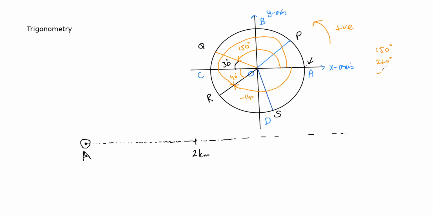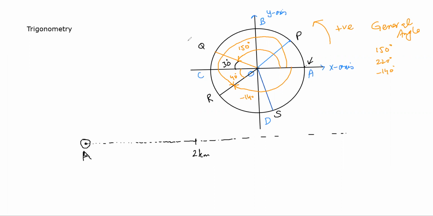So when you're determining the position from the positive x-axis, that means you're talking in terms of the general angle. The general angle is measured from the positive x-axis. If you go anti-clockwise, this will be positive, and if you go clockwise, that will be negative.